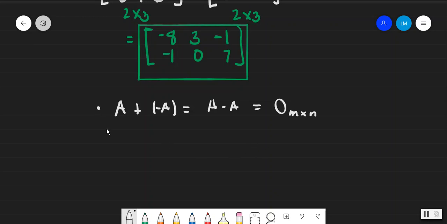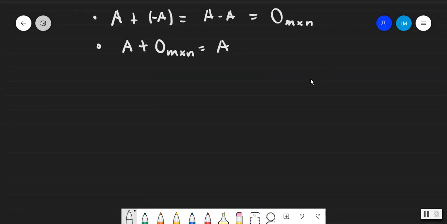Now, if that's also true, that means that if I take A and add it to the zero matrix, it's going to give me back the same thing. So that's actually pretty nice, that we have a zero matrix, which in turn gives us an additive identity in this case.